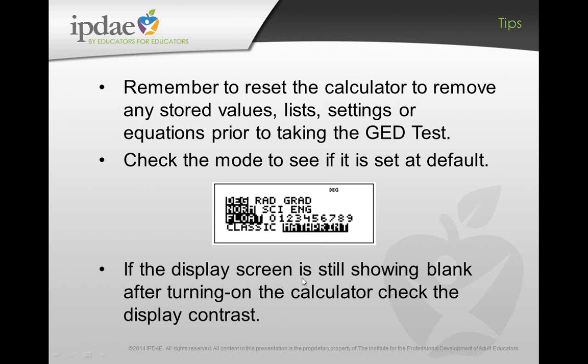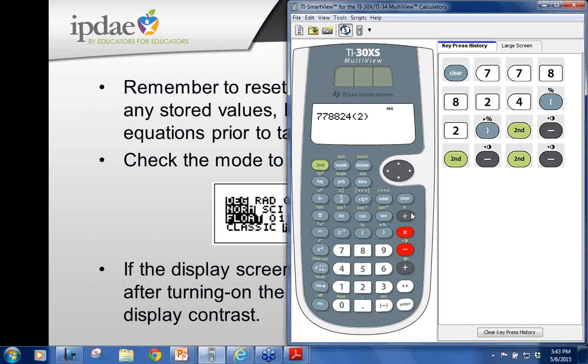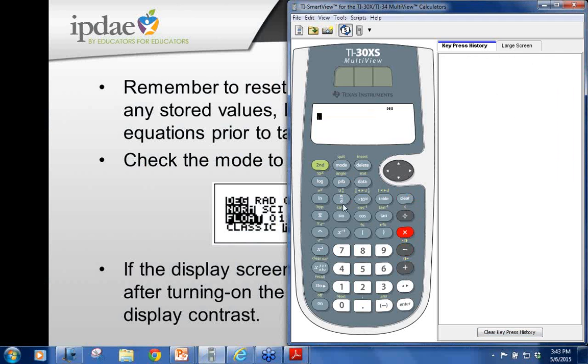And then I told you about the display screen. If it's still showing blank, check the display contrast. Okay, so let's go to that menu screen real quick. All right, so let's clear this out and clear this. And let's go to mode.